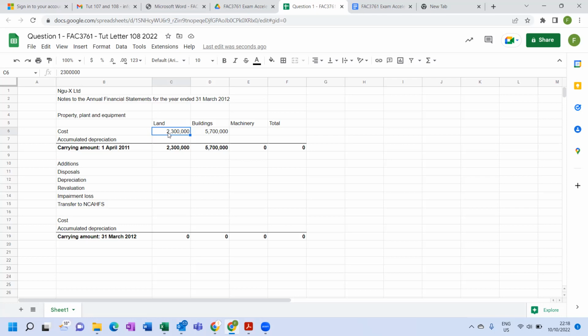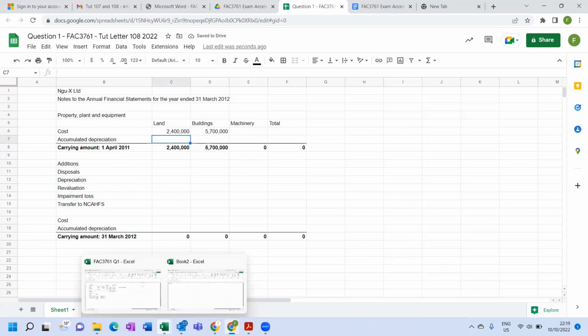If you remember the scenario, they told us land was revalued for the very first time on 31 March 2011, the day before this date. So we can't put in the cost price. We need to put in the revalued amount, so it's 2.4.